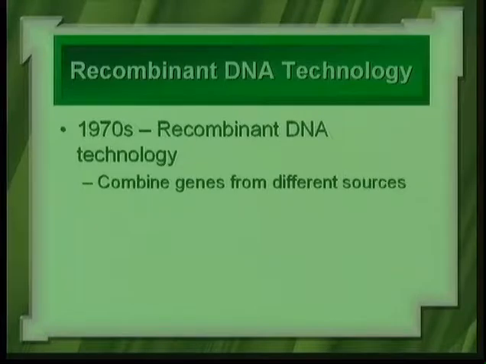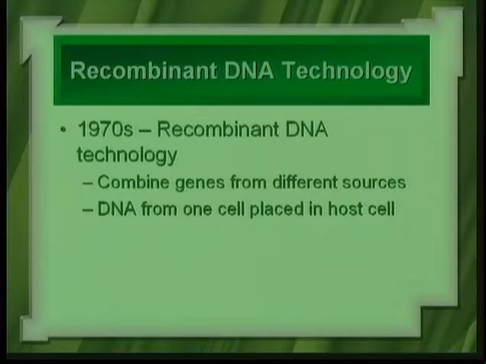You can combine genes from different sources. Isn't that amazing? For a lot of people, you think of Frankenfoods, you think of mad scientists. So what you could do is take DNA from one cell and put it into a different cell, using vectors or any number of different techniques.